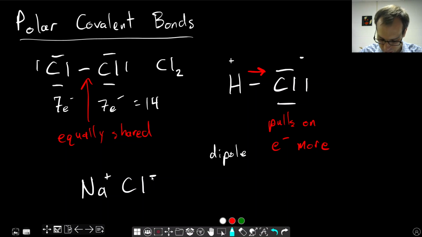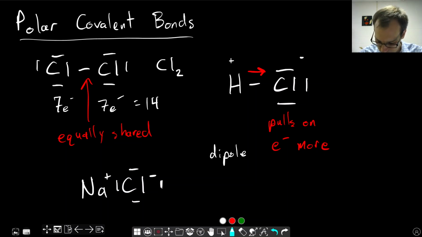If we were to draw the Lewis structure, chlorine would have all the electrons, and sodium would have no valence electrons because it would have given up an electron. This isn't really an accurate way to think about it because it's a big crystal anyway. But here, chlorine has pulled on the electron so hard that it has taken the electron from sodium. HCl is in between this. This is this polar covalent bond.